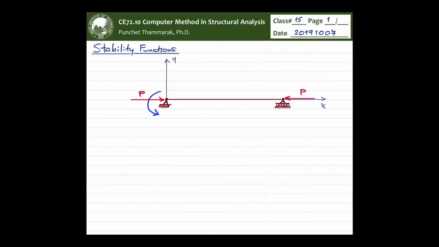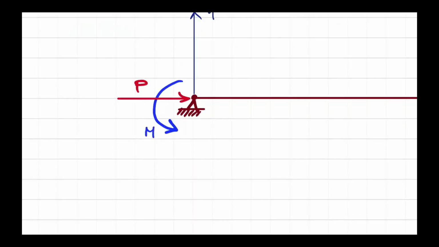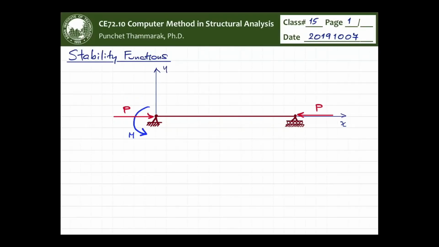So as we apply this moment, magnitude M over there, then you get the deformed shape. But we will just first allow just the rotation only.